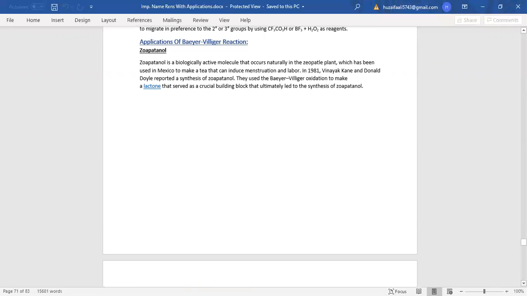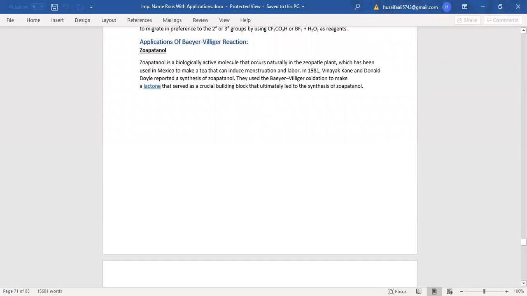Zoapatanol. Zoapatanol is a biologically active molecule that occurs naturally in the zoapatle plant, which has been used in Mexico to make a tea that can induce menstruation and labor.